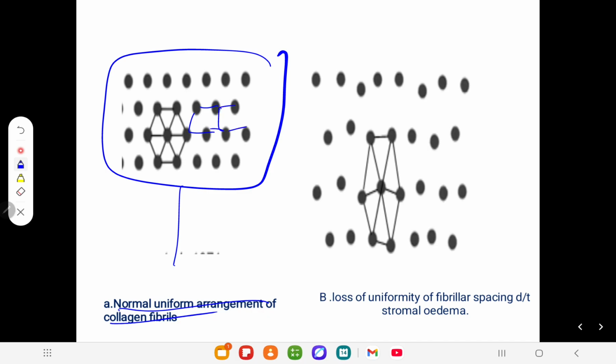But if that is lost, then there is loss of uniformity in fibrillar spacing. So the spacing is varied, isn't it? Space is varied. That's why there is loss of transparency, so stromal edema.